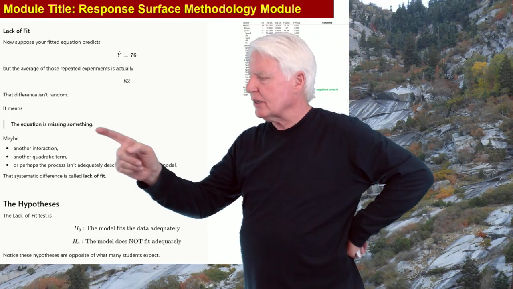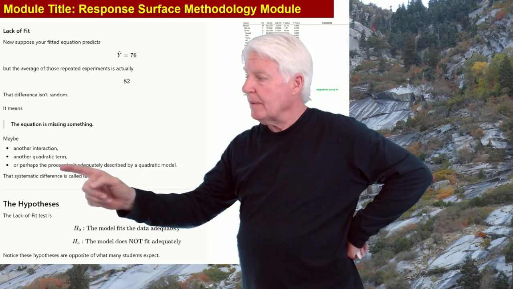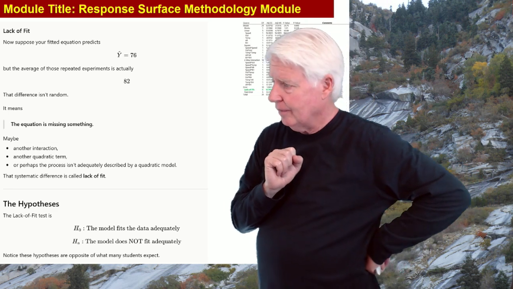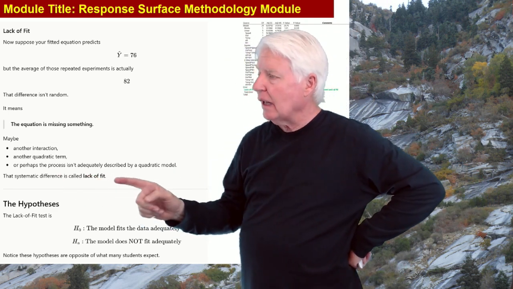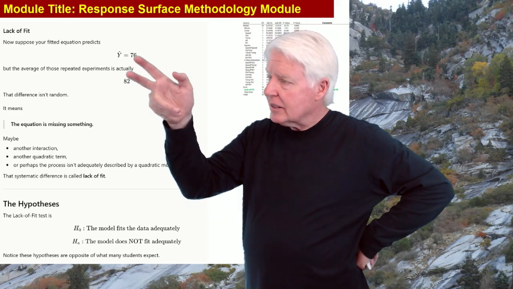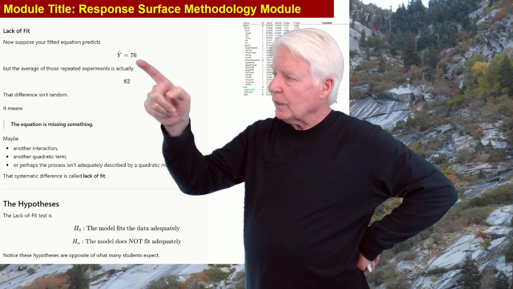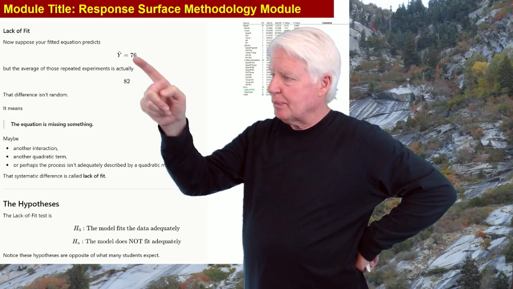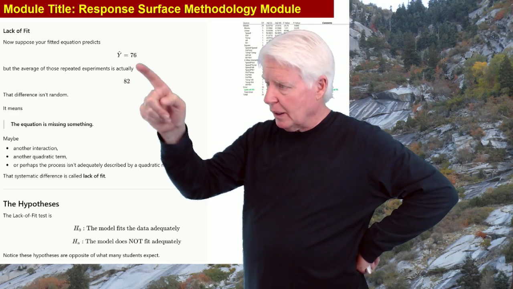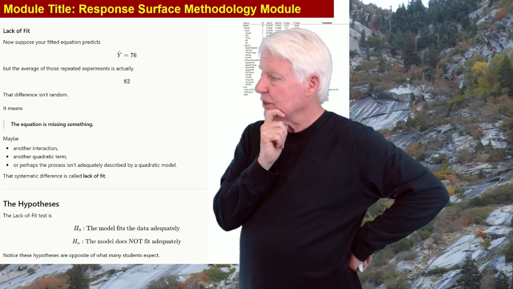Maybe it's missing another interaction, another quadratic term, or perhaps the process isn't adequately described by a quadratic model. That systematic difference is called lack of fit. Okay, so there you go. Something changed here. This is the predicted value, or the expected value, if you will, and this is the observed value. And that's too far apart, so it isn't just random error.